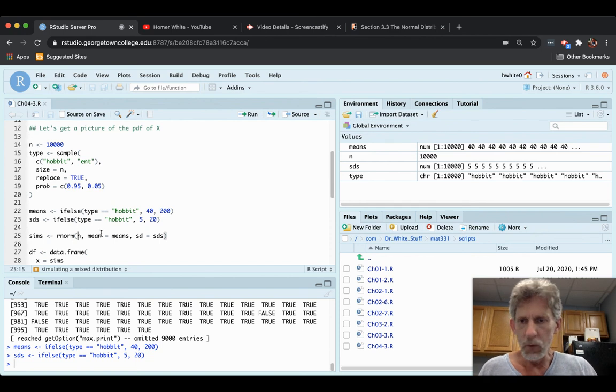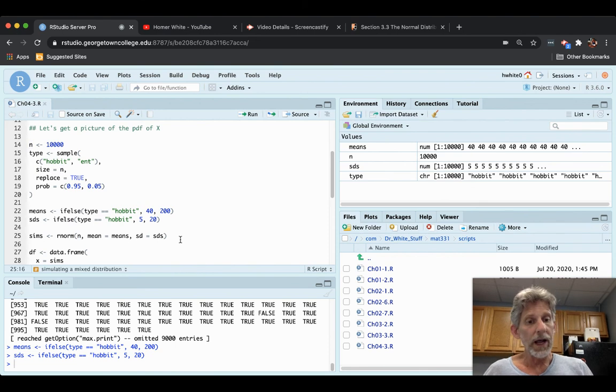But here's something cool. For mean, you don't have to put in just one single number. You could put in a whole vector of numbers. And so I'm putting in the means vector. Same for SD. You can put in a vector of numbers. It's just that these vectors you stick in have to have the right length for this to work.